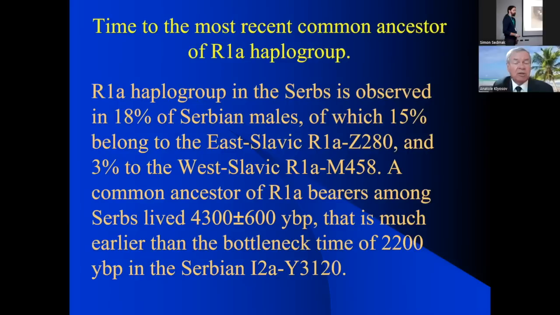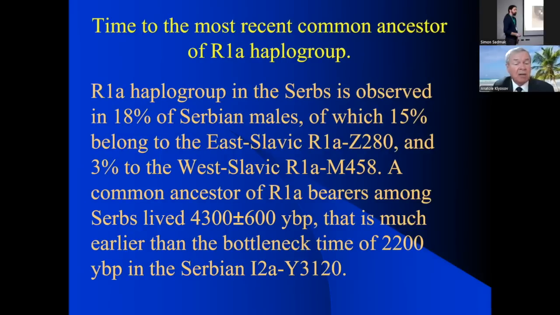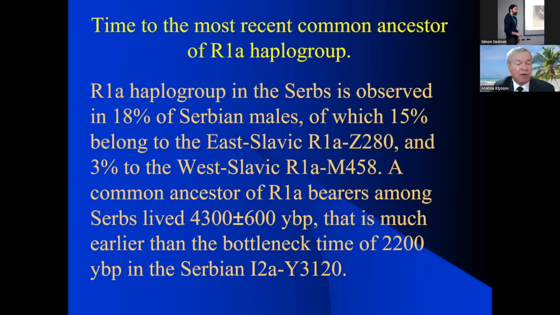Now it's calculated from a much larger number of haplogroup bearers. A common ancestor of R1a bearers in Serbia lived 4,300 years ago, plus or minus 600, which is much earlier than the bottleneck time of 2,200 years before present in the Serbian Y3120.